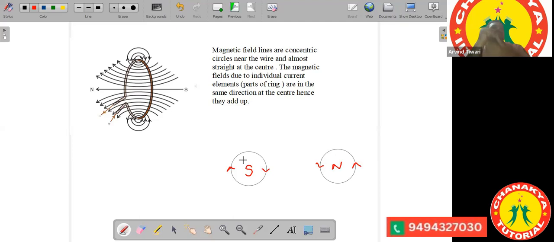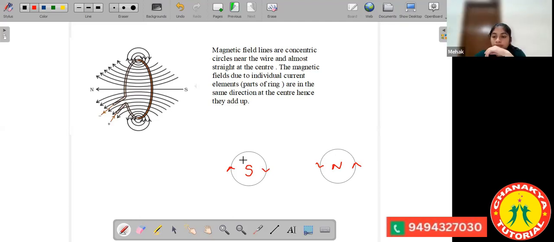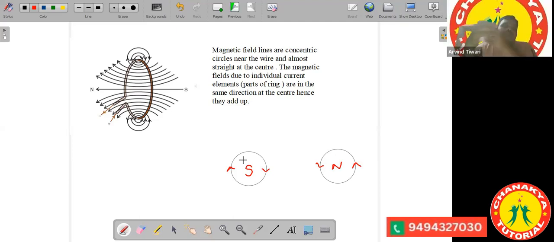Right? Yes, sir. But here we are going to use it the other way. The folding fingers now point in the direction of current, then the thumb will point in the direction of magnetic field lines.